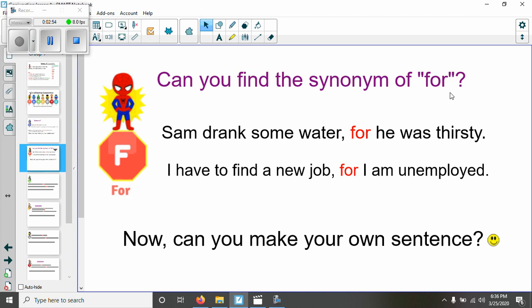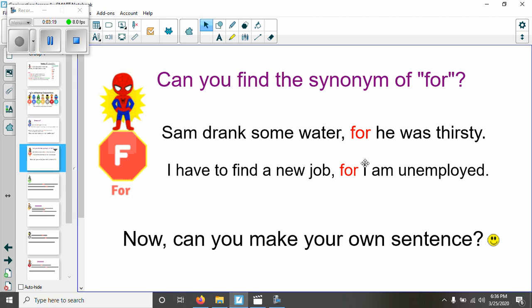Yes. What is the synonym of for? If you don't know, it's totally okay because we can guess it from the context. So let's read the first sentence I have in here. Sam drank some water, for he was thirsty. Do you know the meaning now?